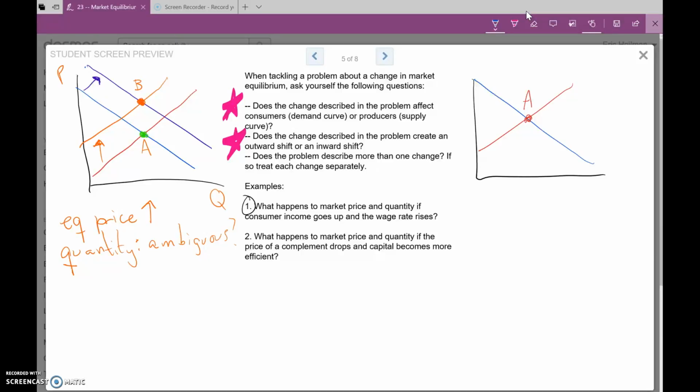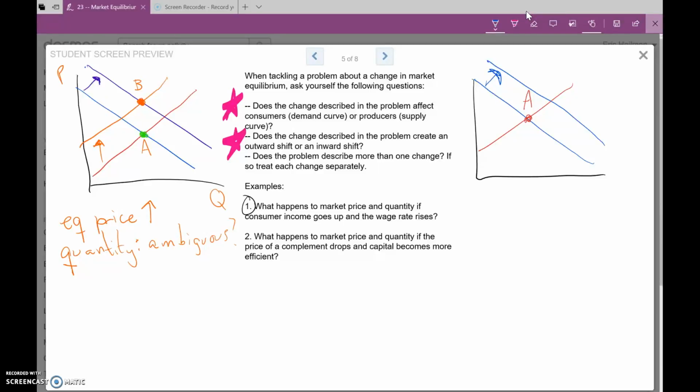Complementary goods are goods that I usually consume with the good we're looking at here. So if the good we're looking at is peanut butter and the price of jelly fell, I'm going to be able to consume more peanut butter. So we're going to get an outward shift in demand.